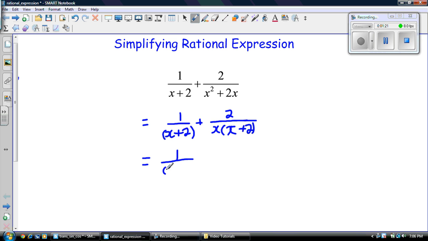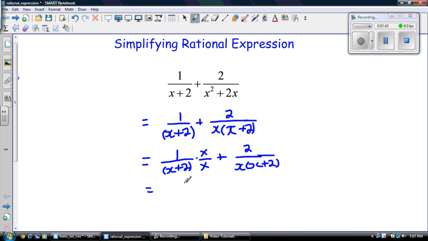So I have x plus 2 times x over x plus 2, all over x plus 2. I don't know why I wrote those x's different, but anyway.